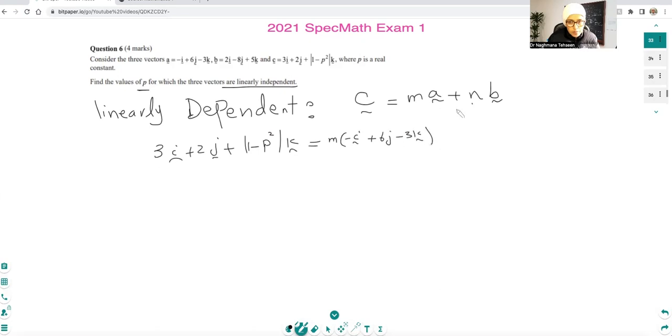Write all of them. Okay, so we've written it like this. Now I'm just going to compare the coefficients.